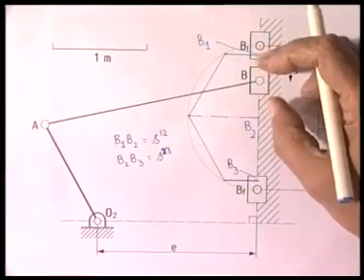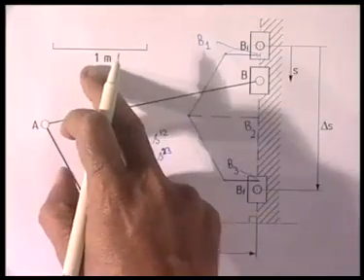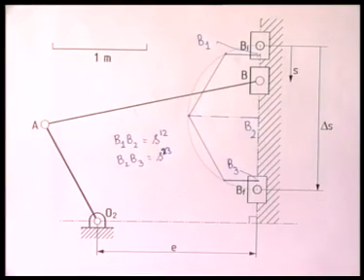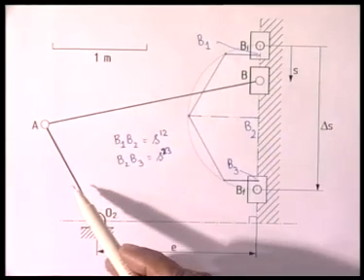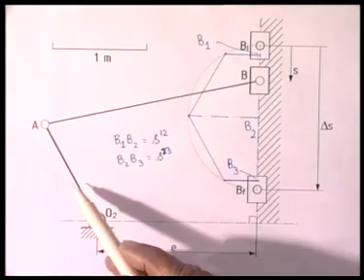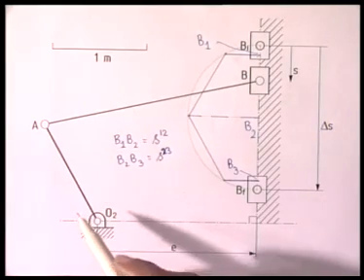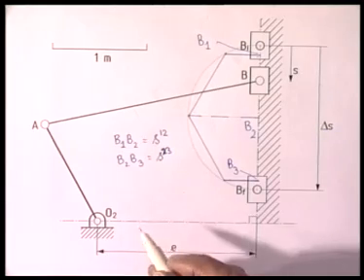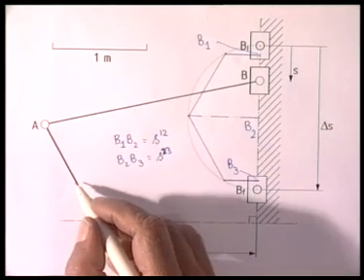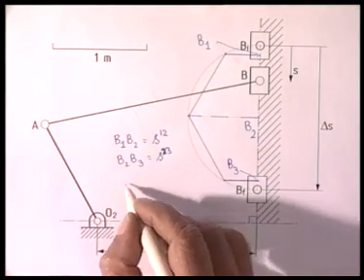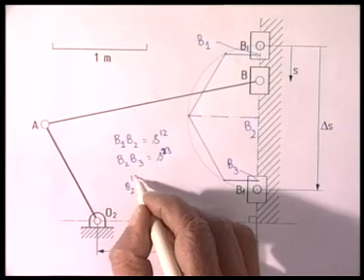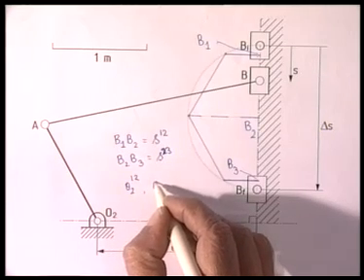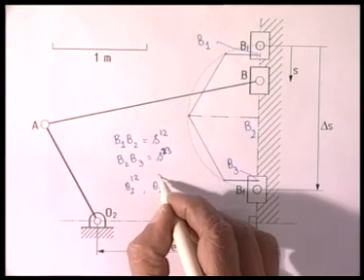I can either measure it from this diagram to the scale, or I have already calculated analytically. The second requirement is that the travel of this fork should be proportional to the rotation of this input link, the crank O2A. So we calculate the corresponding movement of this link 2, which I call theta 2,1,2 and theta 2,2,3.